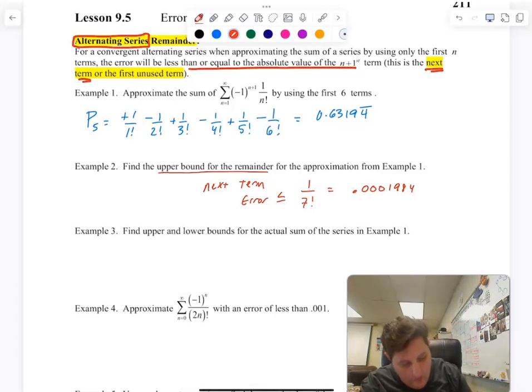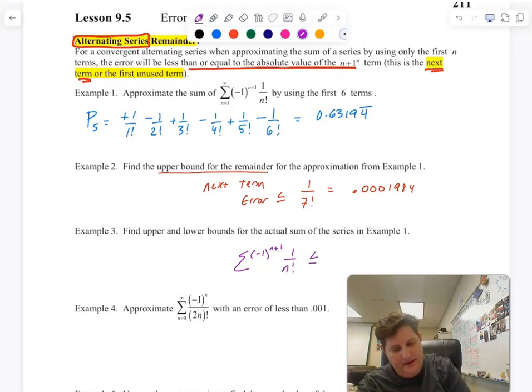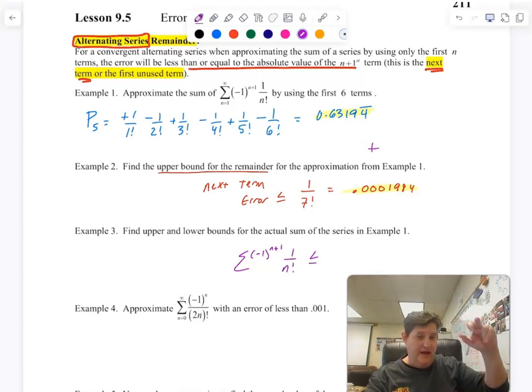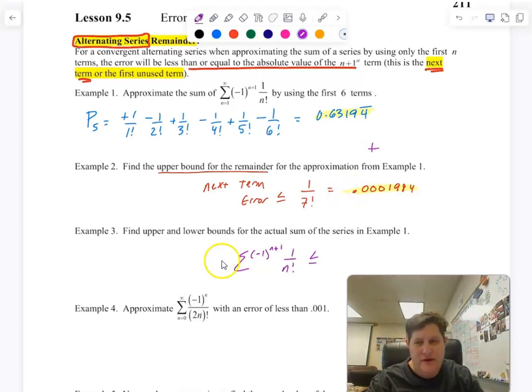Now, find the upper and lower bounds for the actual sum of the series. Okay, let's write it like this. The sum of this series, -1 to the n plus 1, 1 over n factorial, is going to be contained within. Now, this is the sum. This is the error bound. I just have to add those, and that's the highest it will ever go, because this next term was plus, and then it goes back down to minus, right?